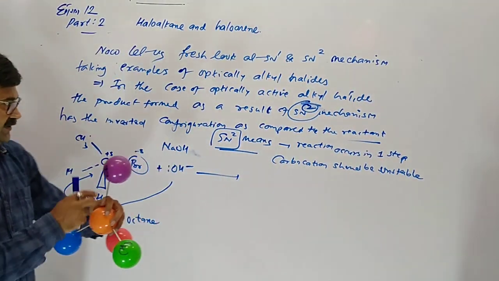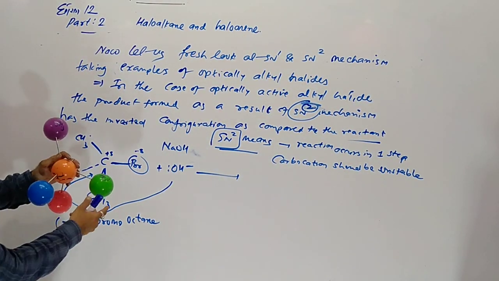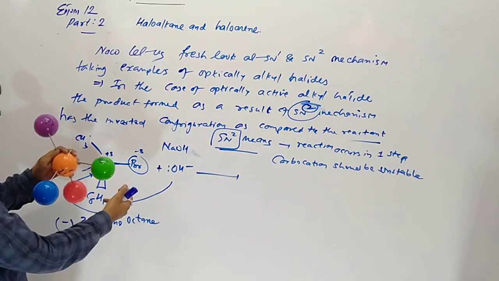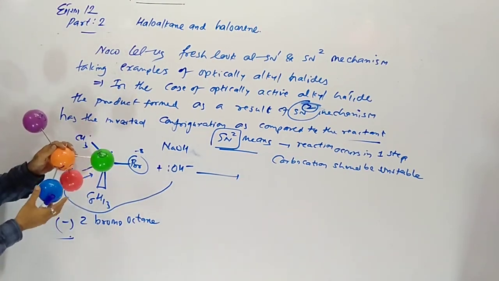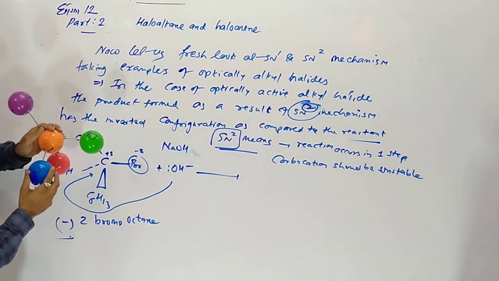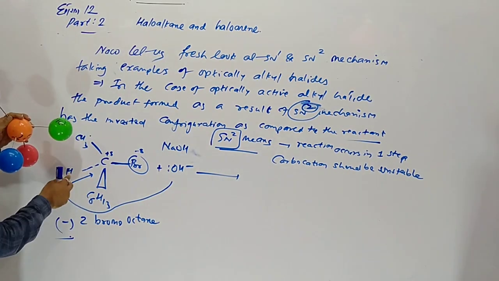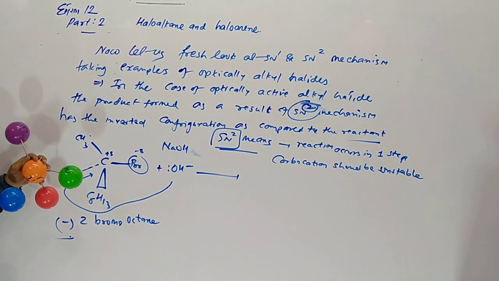You will see bromine and methyl on the same plane, C6H13 on the other side, the dotted line indicating behind the plane.